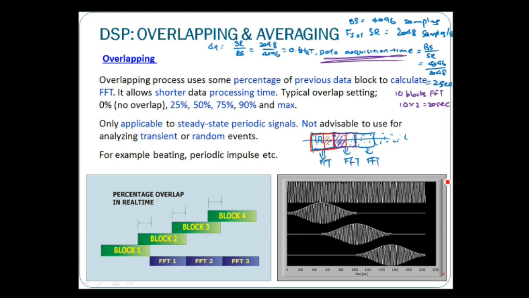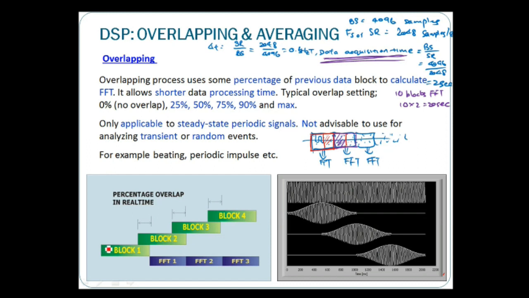But currently the FFT computation is quite significant and very fast already. It will be less than probably 1 second. Maybe in milliseconds, you can already compute one block of FFT. So in this case, overlapping has no issues.